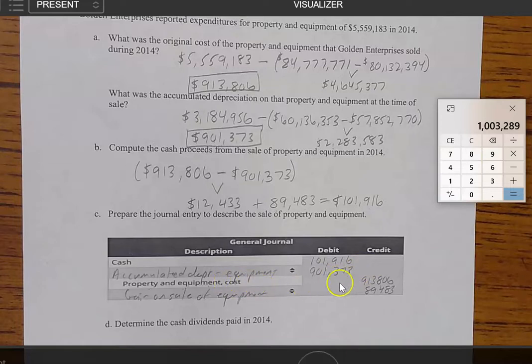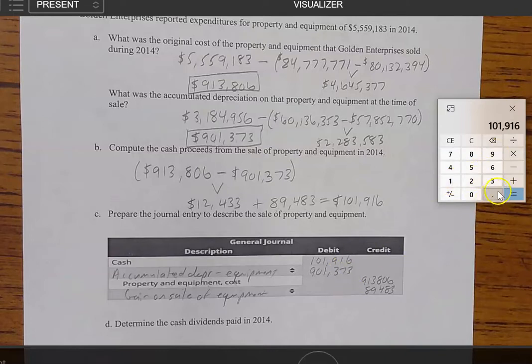So I'm going to now subtract the equipment figure of 913,806, and really all I have to do is hit the minus sign one time. Now let's see here. Why didn't that work? Let's start over. I must have pressed something I didn't mean to press.